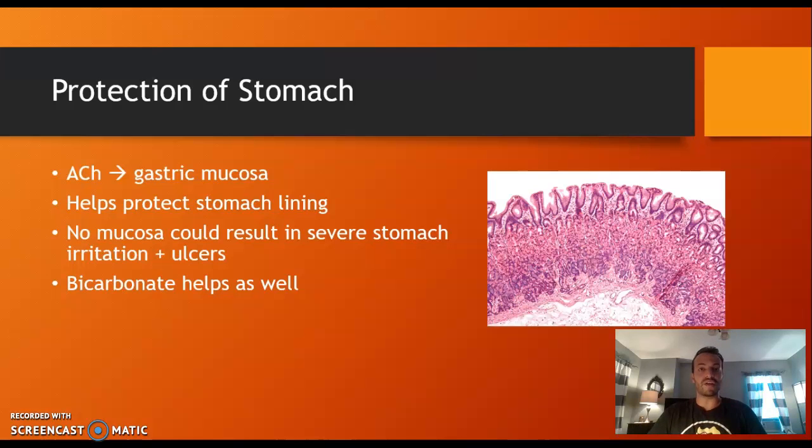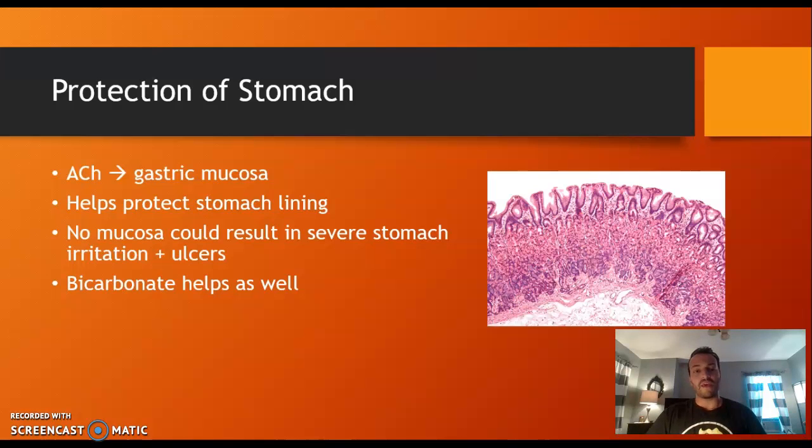If there's no mucosa, that can result in severe stomach irritation, and too much irritation can result in ulcers that can hurt our stomach and cause it to bleed. Sometimes that requires surgery, and it is not good for the human body. That's why it's important to keep all these components together in order to form more gastric mucosa and keep digestion going, because if one is inhibited, then the other is also inhibited.